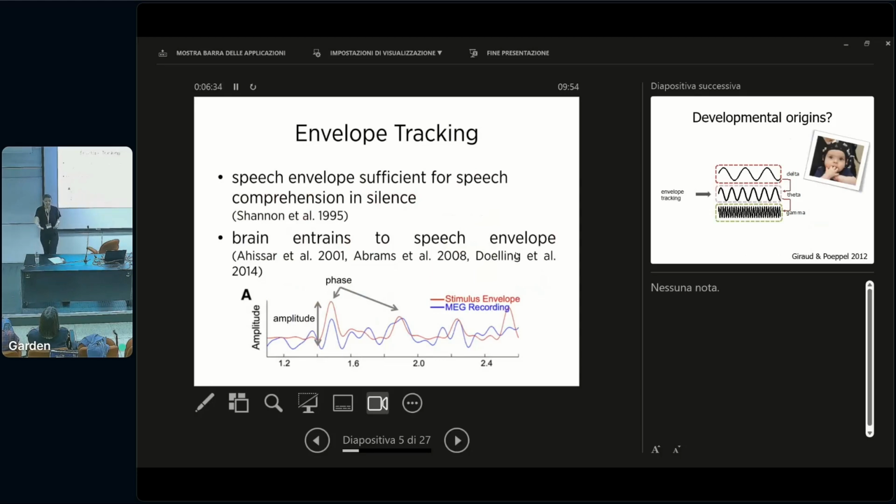So our brain entrains to the speech envelope, and there are two aspects that can be measured: whether the amplitudes are aligned, so whether the peaks and dips have the same amplitude, and whether the phases are aligned, so whether the peaks appear roughly at the same place. Obviously with a time lag, so our brain follows the speech signal, but once you correct for the delay, you get phase and amplitude entrainment.